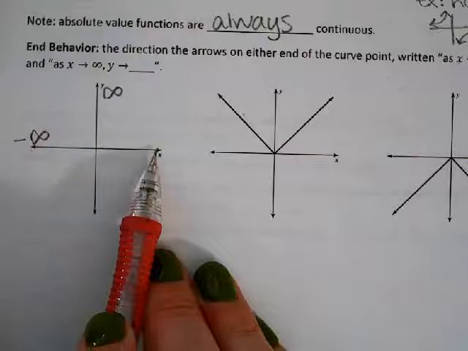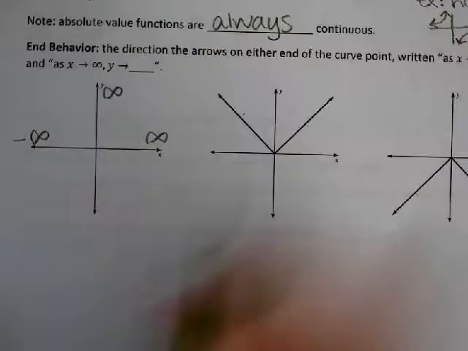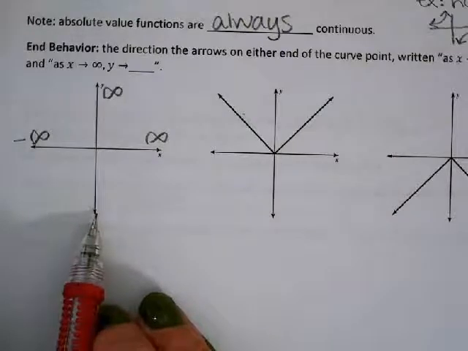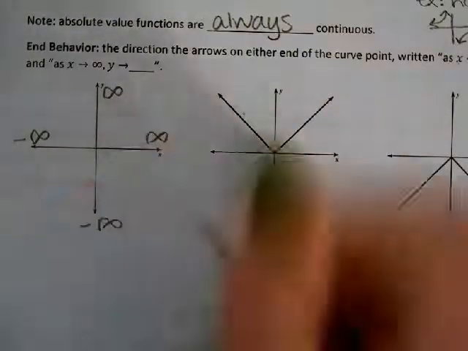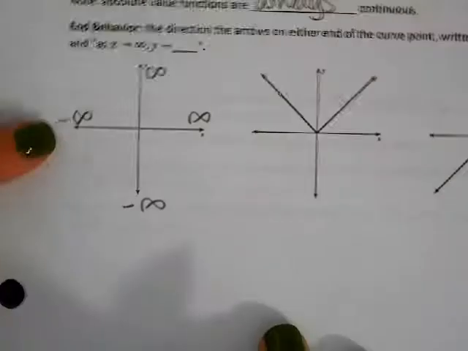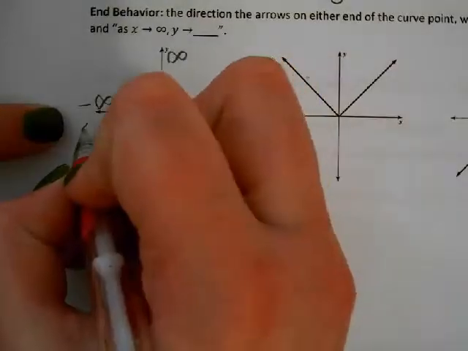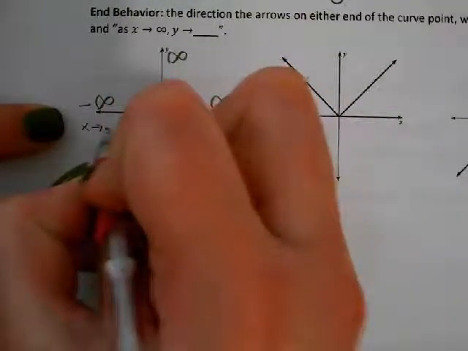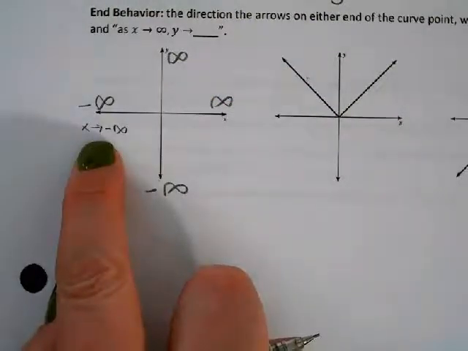And then if we have an arrow going down, what kind of infinity is that? Negative infinity. Okay. So in the math symbols, this infinity over here is the idea of x goes to negative infinity. A left arrow, if you write it symbolically, is x goes to negative infinity. That's what a left arrow is, okay?